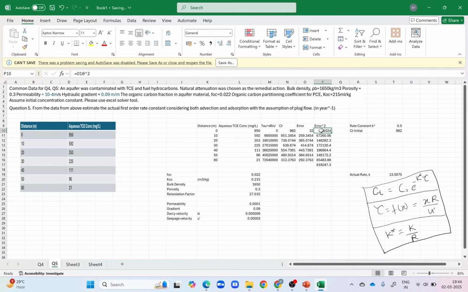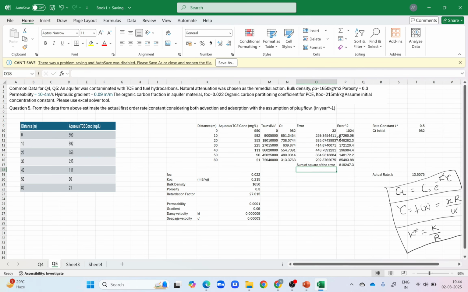So the square of the error is 32 raised to the power of 2. Then we can drag here, and we will get the square of the error, and then we will find the sum of the square of the error.